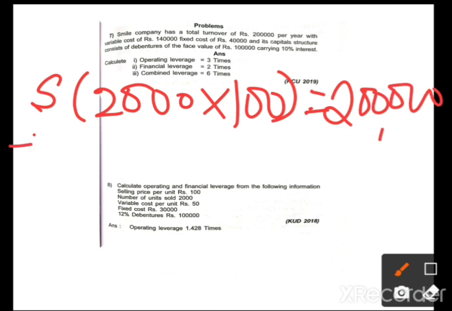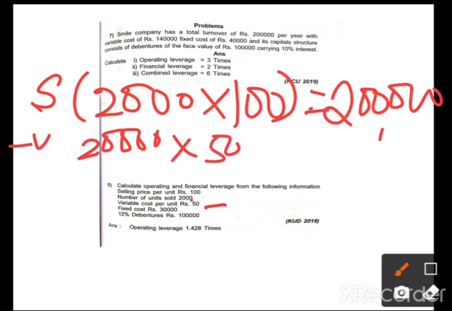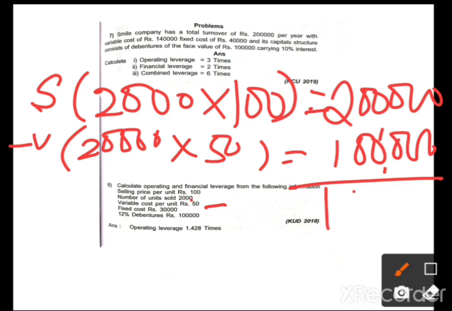Less variable cost. Variable cost is 50 rupees, number of units again 2000. So 2000 into 50, this is 1 lakh. So the remaining 1 lakh is what?